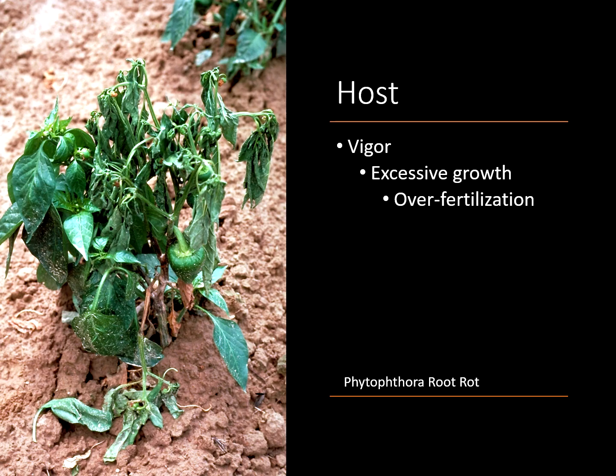Excessive growth: we want vigor, but excessive growth invites infection as well. So we have the opposite end of that spectrum. Over fertilization is a very common mode for excessive growth, which is an invitation to infection by plant pathogens.